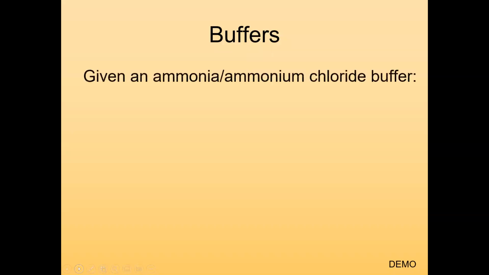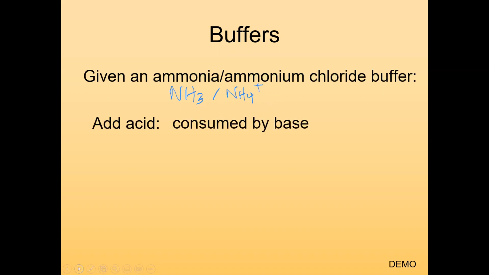All right, let's look at another buffer. So if we have the ammonium chloride buffer solution, ammonia is NH3, ammonium chloride is NH4Cl, but it's the NH4+ that is our conjugate acid for our ammonia. And yet again, if we add an acid, it has to get consumed by the base.